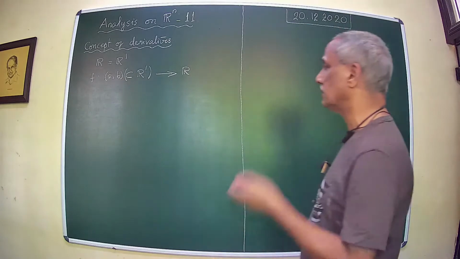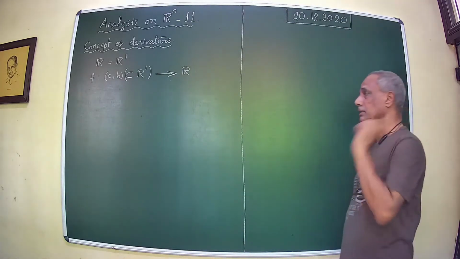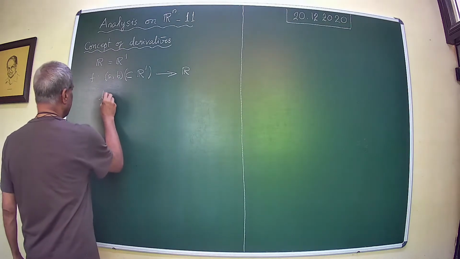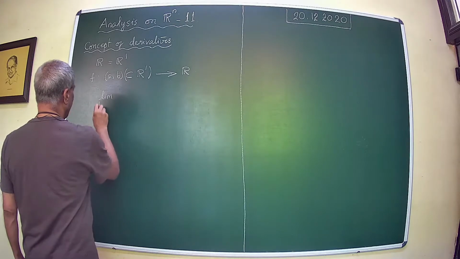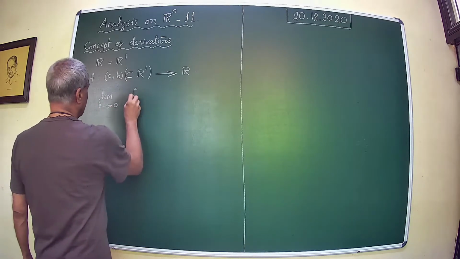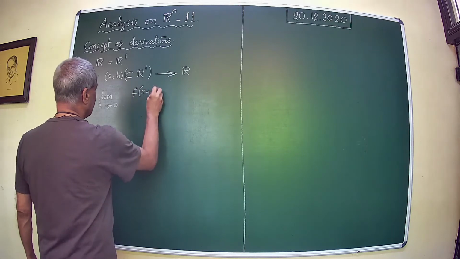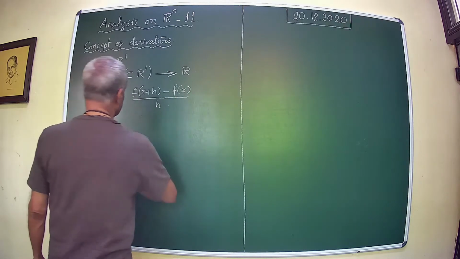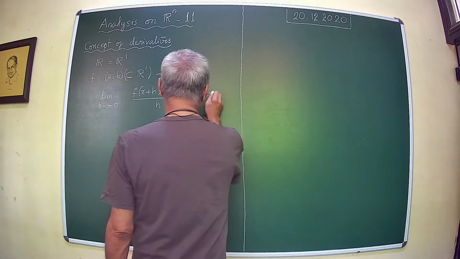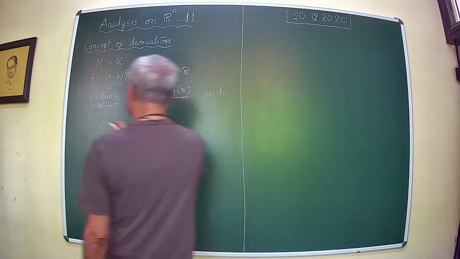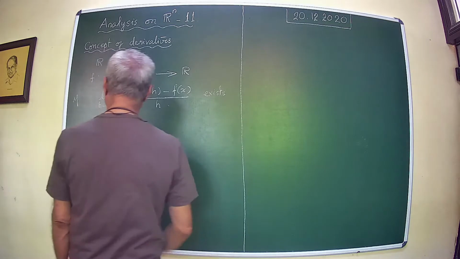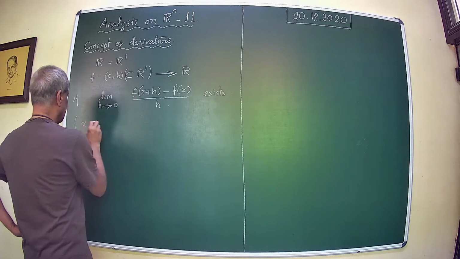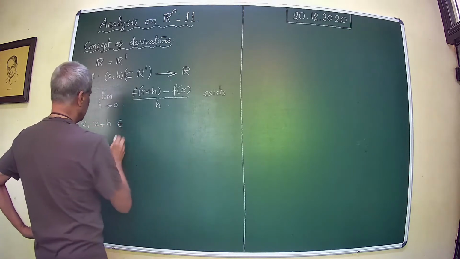When do you say f is differentiable at a point x on the interval (a, b)? This happens if the limit as h tends to 0 of [f(x+h) - f(x)]/h exists, because here the assumption is that x+h belongs to the interval.